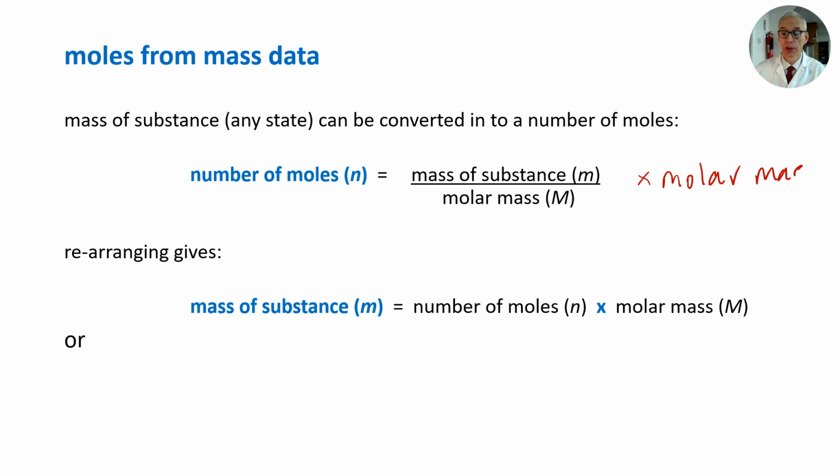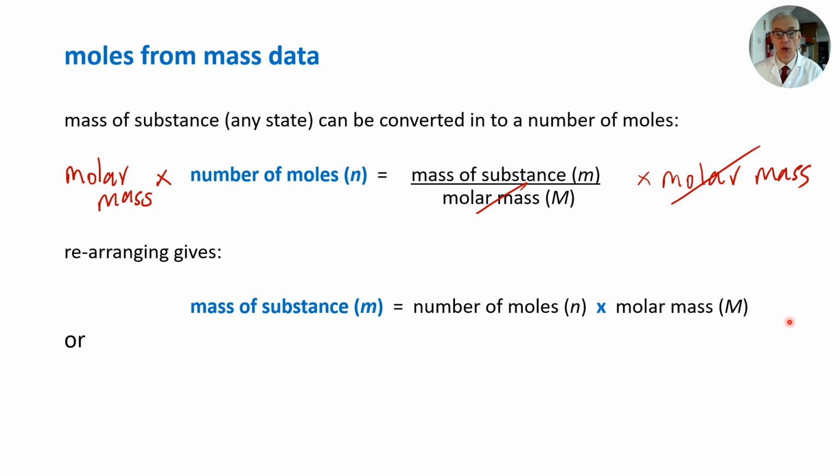So we multiply both sides by molar mass. And you'll see on the right hand side that cancels out. So we're left with mass of substance is equal to molar mass times numbers of moles. So that is how you can argue for a rearrangement.